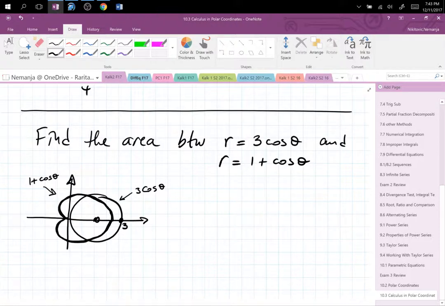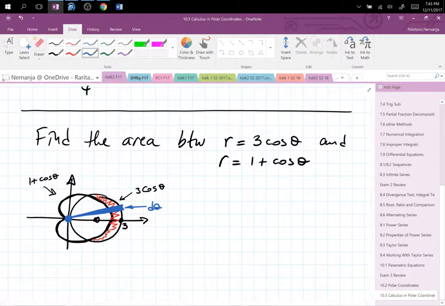So now say that you want the area here. What's that area? The first thing that I'm going to do is draw the representative pizza slice from the origin. Representative pizza slice d theta.